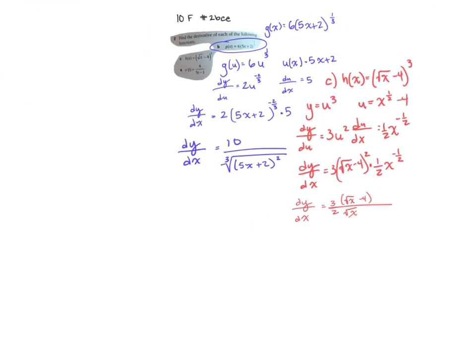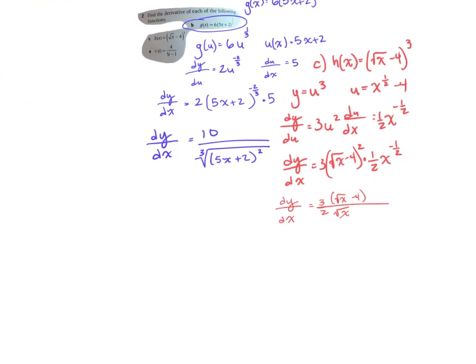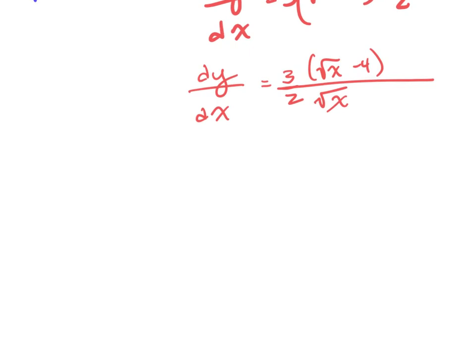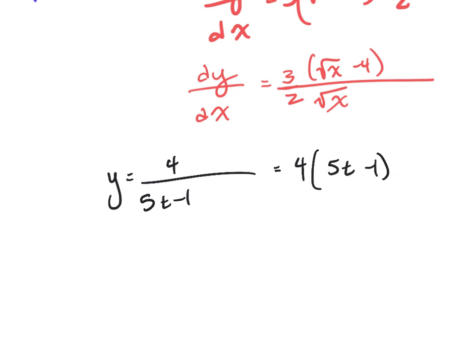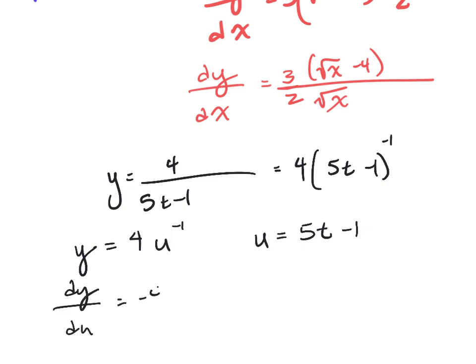Last part is E, which is y equals 4 over 5t minus 1, which is the same as 4 times (5t minus 1) to the negative 1. I'm going to write this as y equals 4u to the negative 1, and u equals 5t minus 1. dy/du is going to be negative 4u to the negative 2. du/dt this time, because we just have a t, is going to be 5.